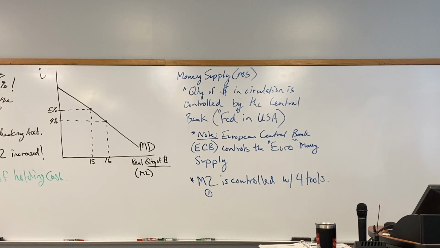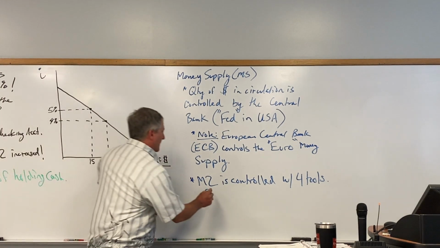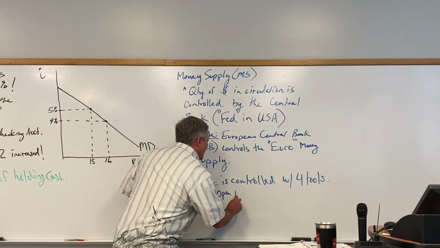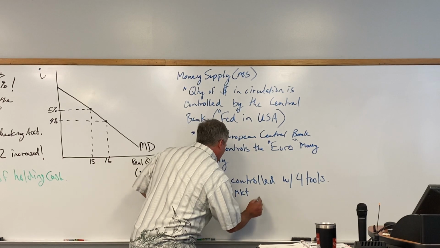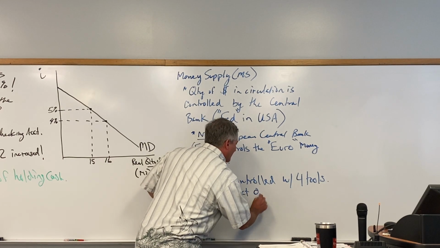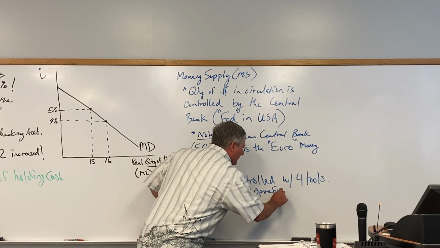Anybody shout one out if you got it. 4 tools of the Fed. Open market operations is one. That's probably the most important one, really. Now you can look back in your notes. Open market operations. Give me another one.